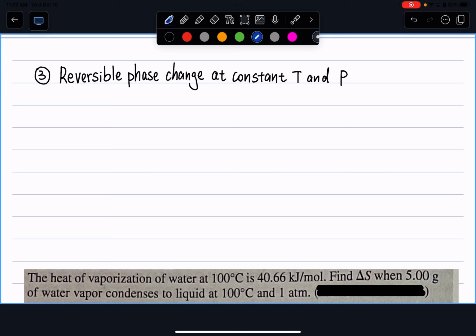At that constant temperature and pressure, or at that melting point or boiling point, Q rev equals Q_P, which equals delta H. It's constant pressure, so your reversible heat just equals the heat transfer at constant pressure, which in this case equals delta H.